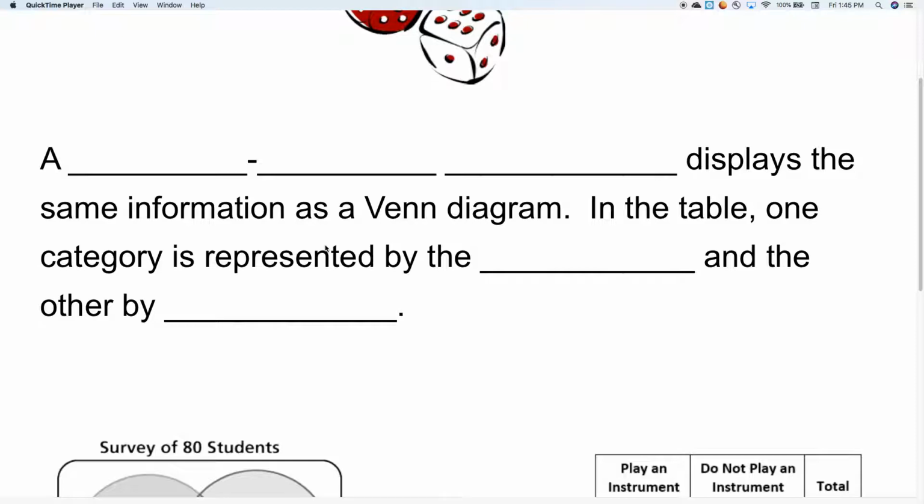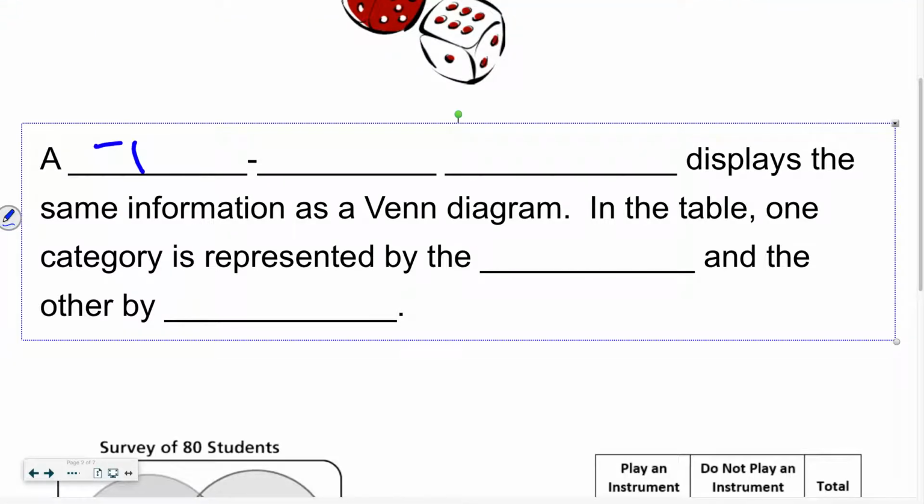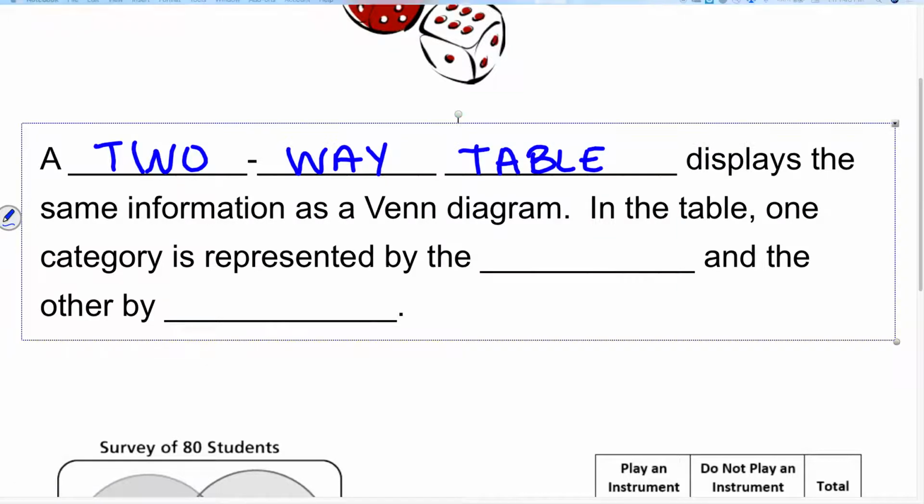So in those first blanks, you're going to write a two-way table. It displays the same information as a Venn diagram. So how many people remember Venn diagrams?